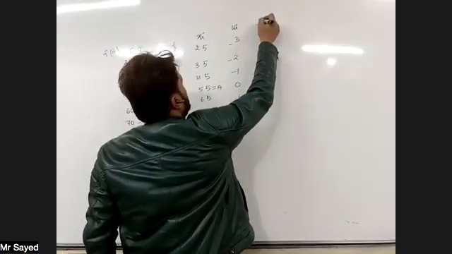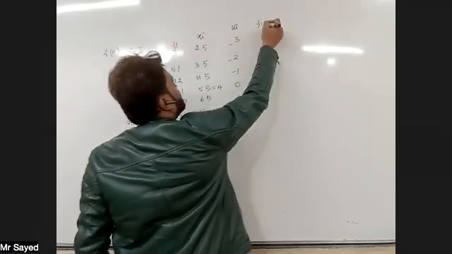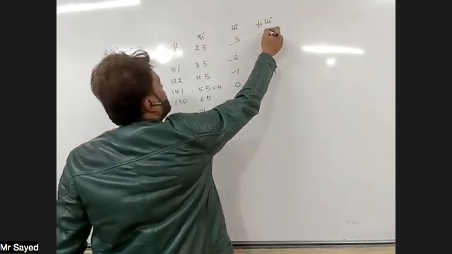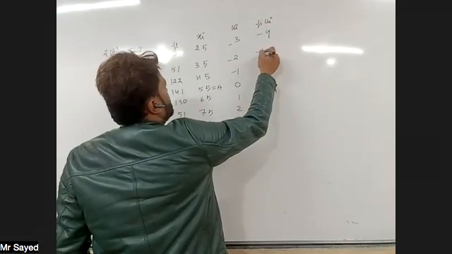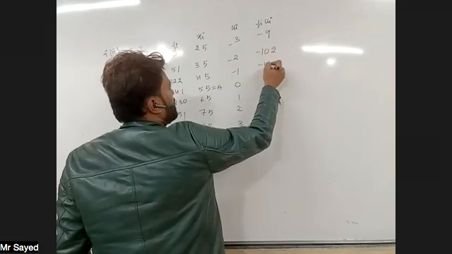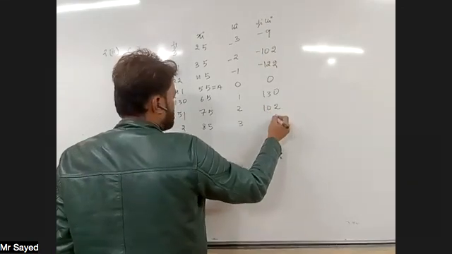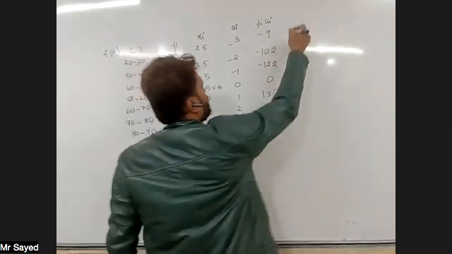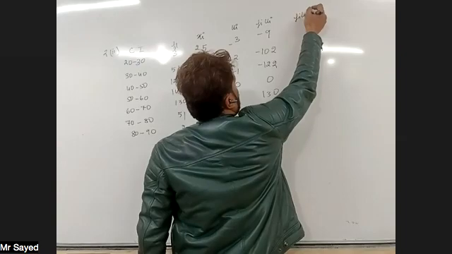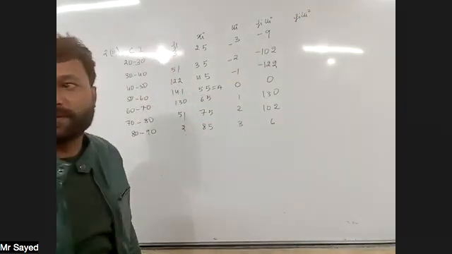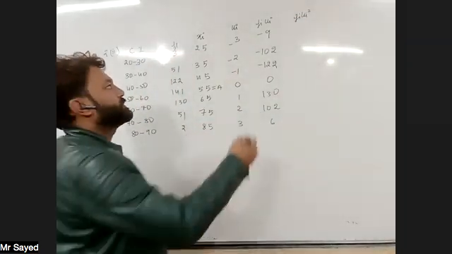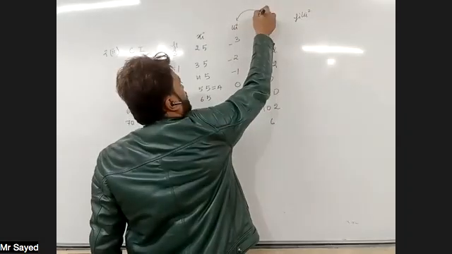Now we'll make a column for fiui. So fiui will be equal to -9, -102, -122, 0, 130, 102, and 6. Now fiui square. How to obtain this? Multiply this by ui again.